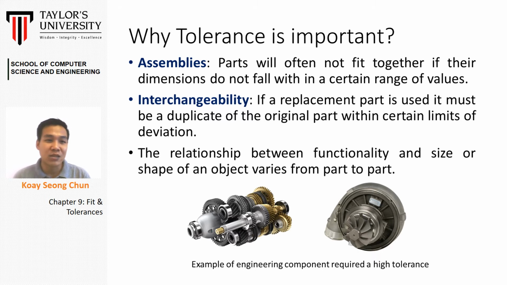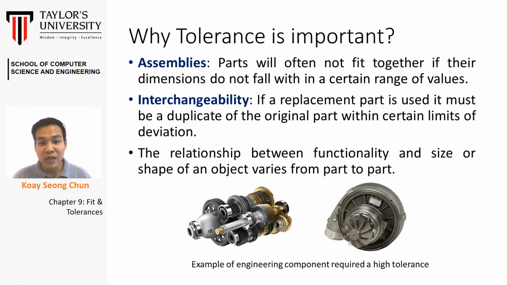If today a part in my car is spoiled, and the next day I change to a new part, I need to make sure the new part and the old part are the same. As we know, it cannot be 100% the same, but at least the dimension is within a certain tolerance.